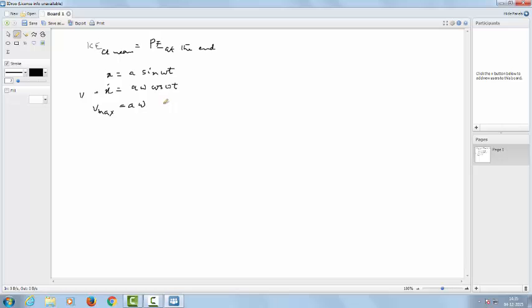That will happen when omega into t equal to 0, that is, it is passing through the mean. So if we can find V maximum from equation 7, then we can find omega from equation 8.